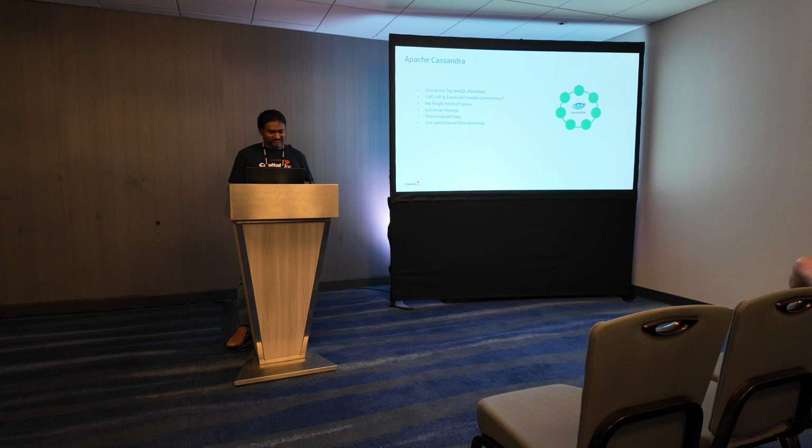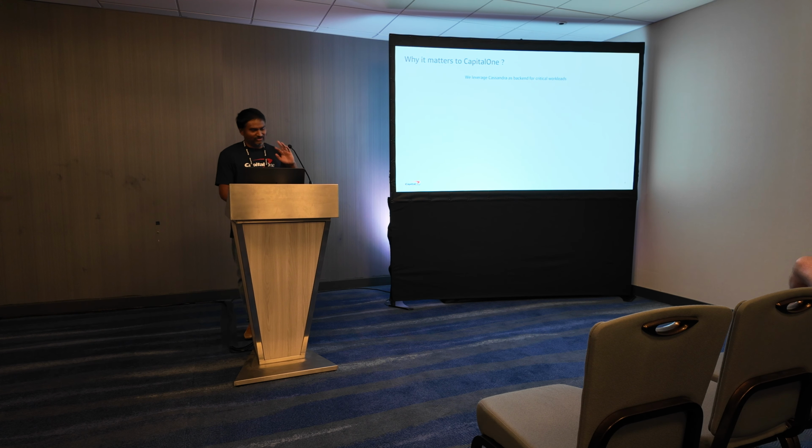Let's breeze through this. The first reason for our hallway conversation is why we are here. The first reason I have already tried answering: we heavily leverage open source as well as contribute to it. The second one is Cassandra. Capital One leverages Cassandra as its backend for various mission critical workloads.